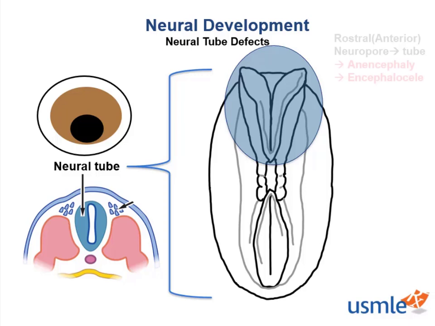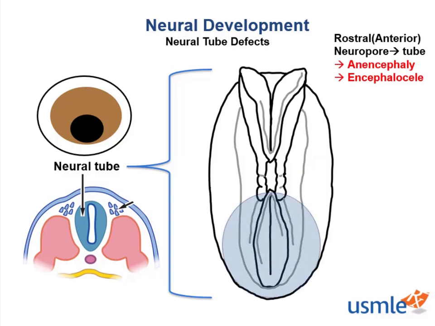If the rostral or anterior neuropore fails to close into the neurotube, you get a neural tube defect, which can manifest as anencephaly, where the brain and skull do not develop, or encephalocele, which is a cyst-like collection of fluid protruding from the occiput of the baby's head. To help you recall that rostral and anterior are similar terms, use the mnemonic rostro is nostril. Yes, rostral is nostril, as the nostrils or nose is an anterior structure.